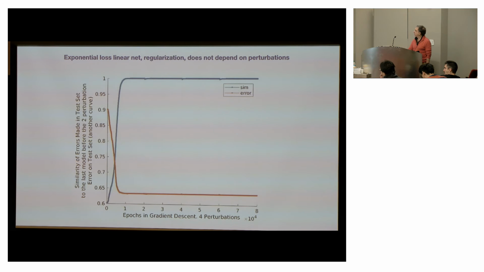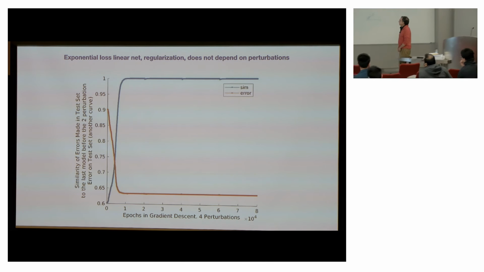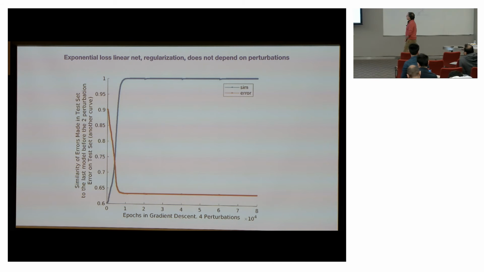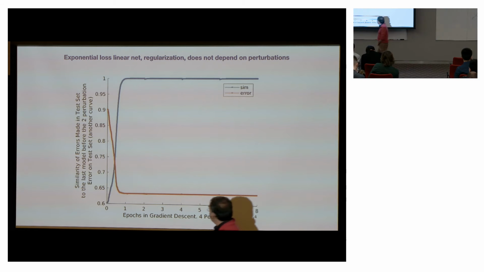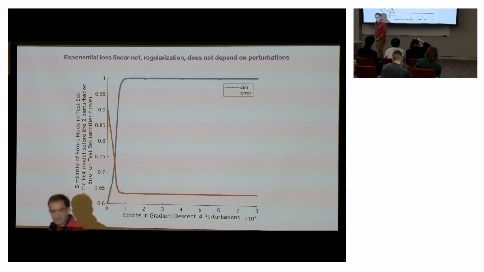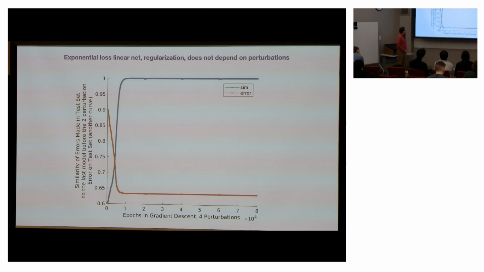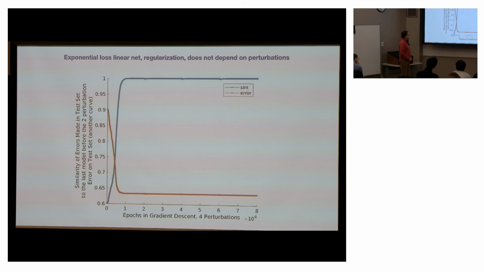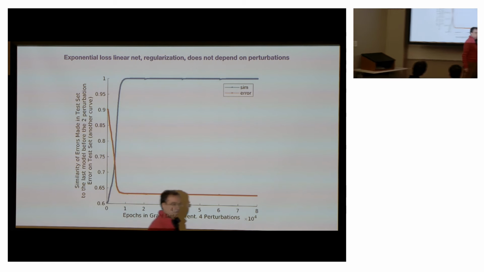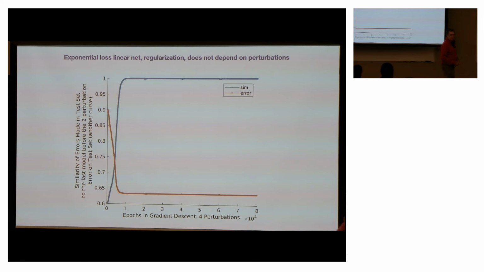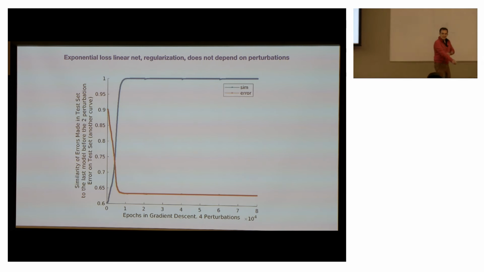But if you have a regularization term, you perturb, and there is no change in the pattern of error apart from this small initial transient. So this gives you the independence of initial conditions. It also turns out that it performs better than the non-regularized case in this particular example. But that's a side point.